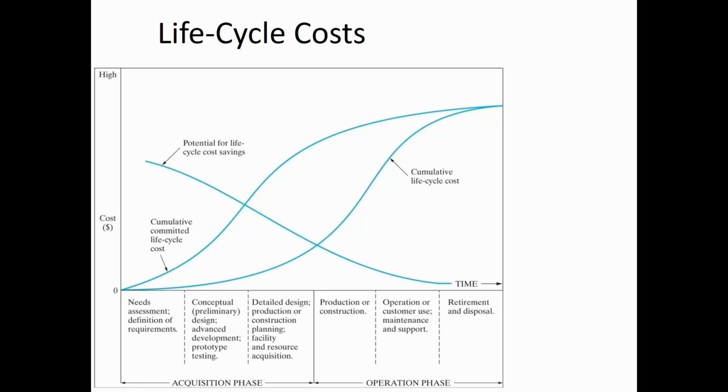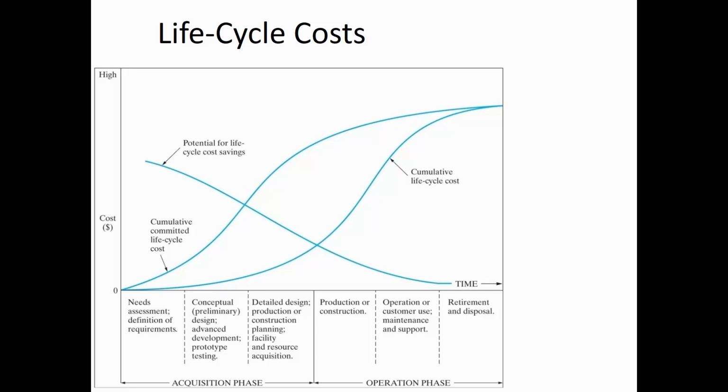And so what it shows is that during different phases of projects, during the acquisition phase, you're making decisions, and then the amount of money that you're going to spend based on those decisions. The slope of this line indicates when you're making a lot of decisions that commit you to a certain expenditure path.